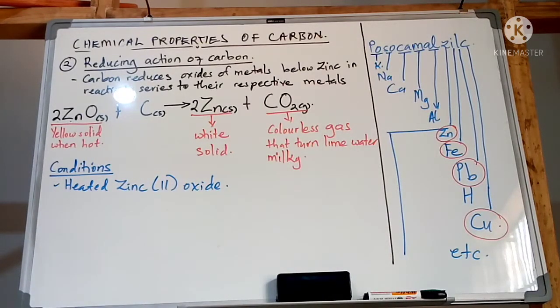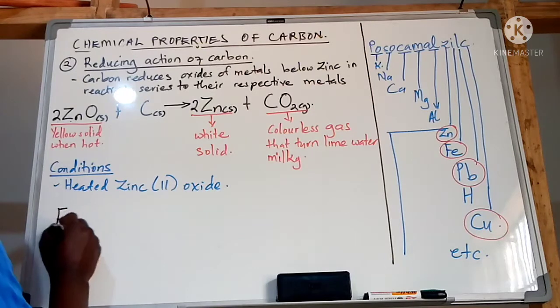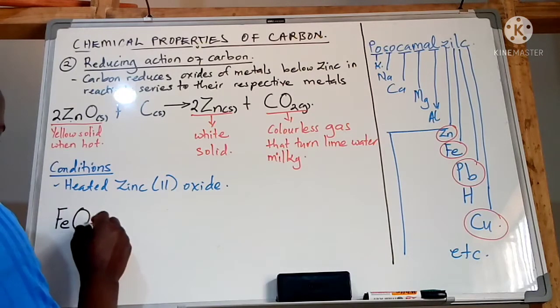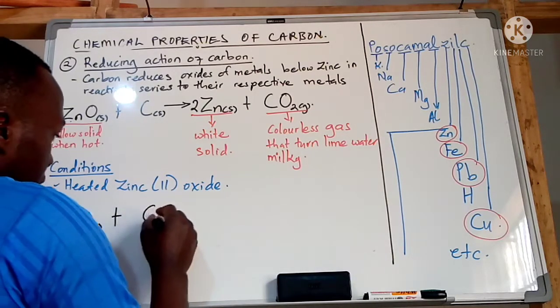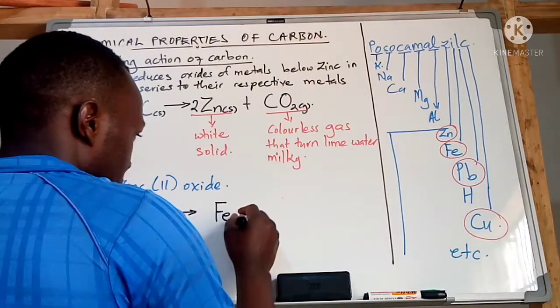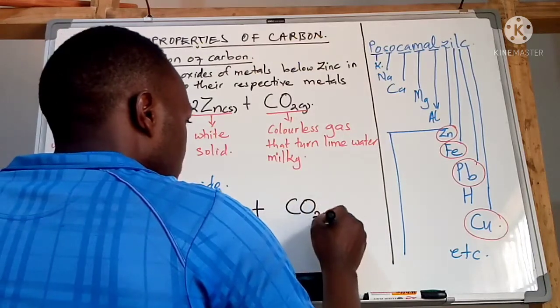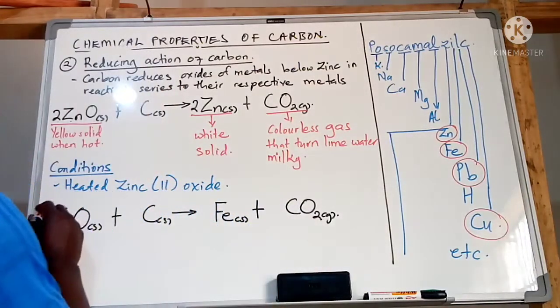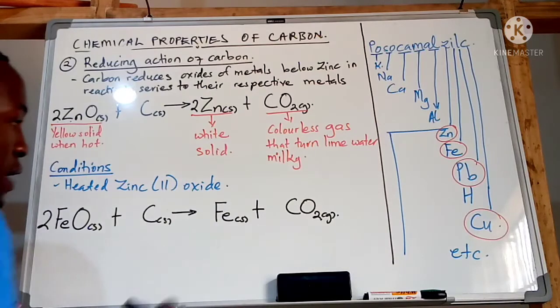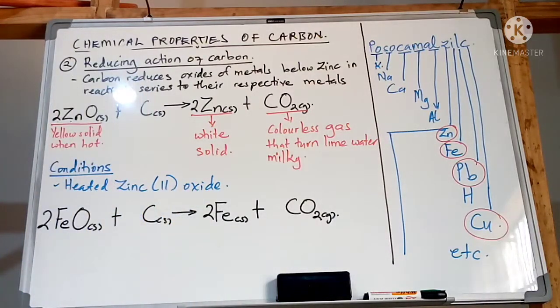We can think of other oxides. For example, iron(II) oxide, which is written like that. Once it is reduced by carbon, we are going to see iron, which is a solid, plus carbon dioxide, which is a gas. We balance by multiplying iron(II) oxide with a 2, iron with a 2, and the equation will balance.